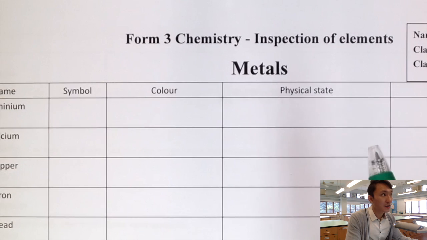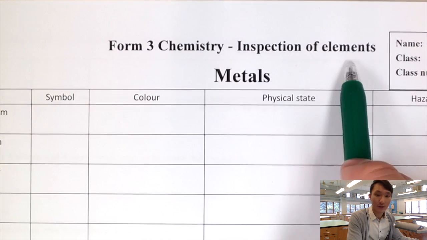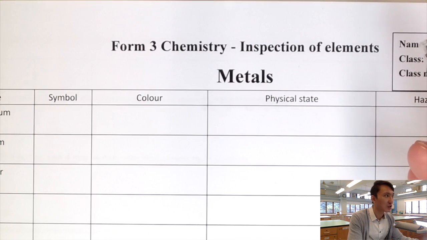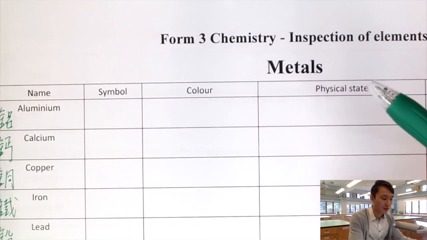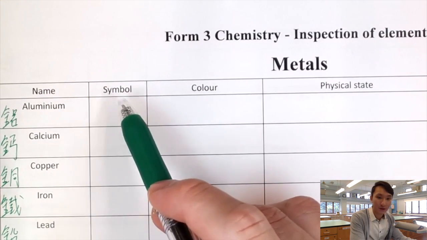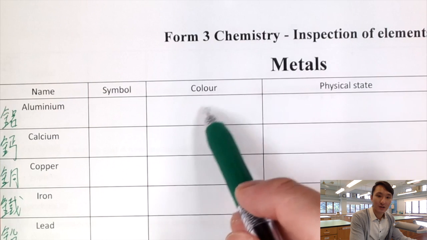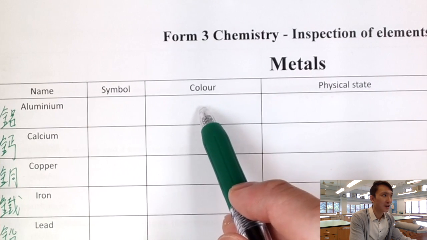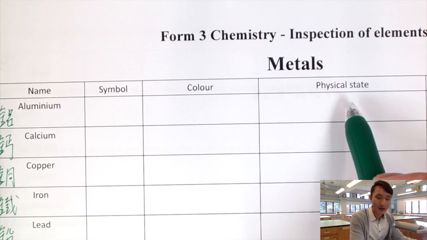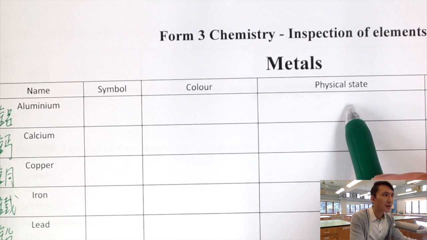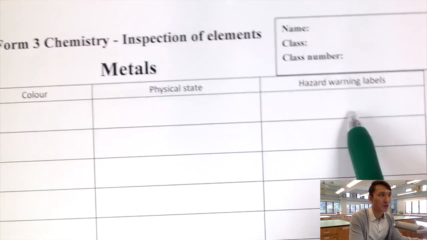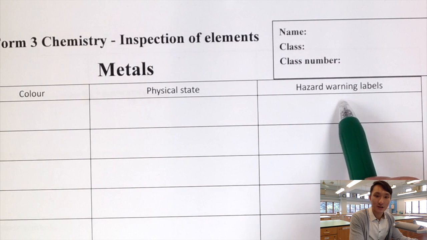Now, what we're going to do is look into different elements and try to become familiar with the name, its chemical symbol, how it looks, what color it is, and whether it is a solid, liquid, or gas at room temperature and pressure. And most importantly, we want to know the hazard nature.